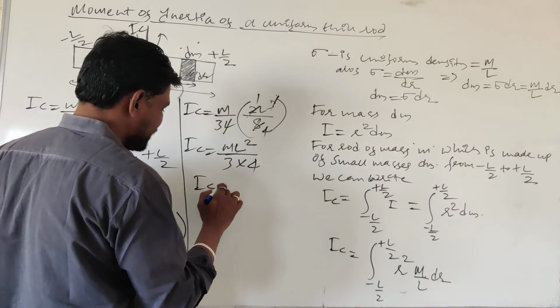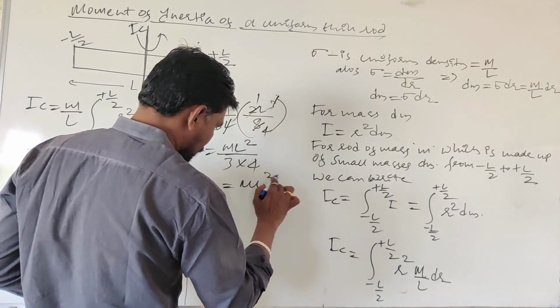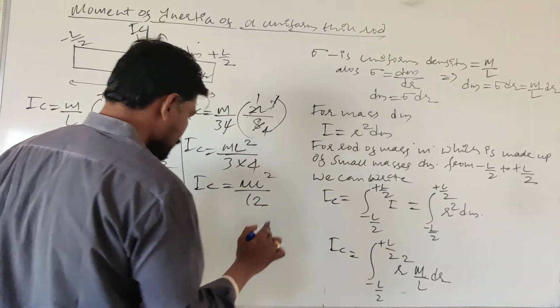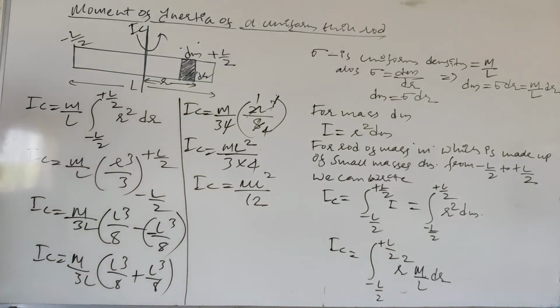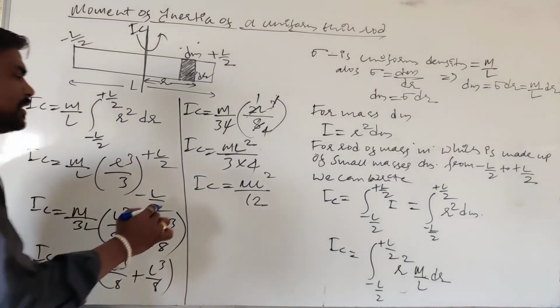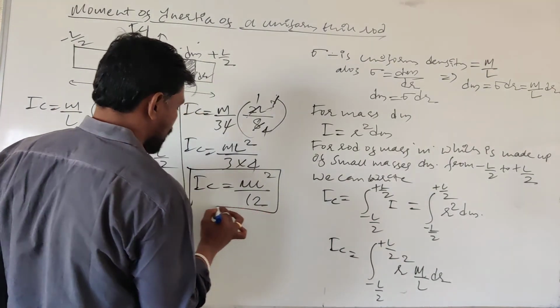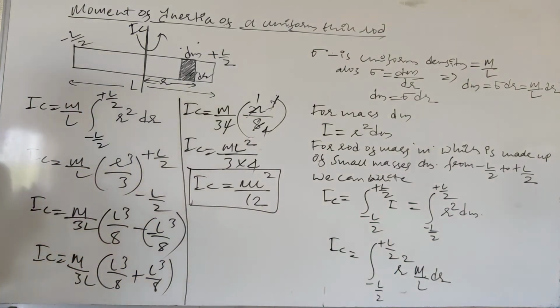So IC is equal to m L square divided by 12. This is the moment of inertia of a uniform thin rod about the center.